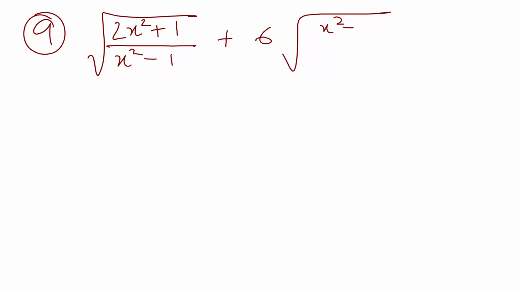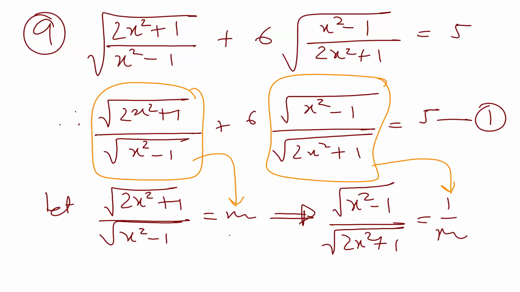So what is m? m is this root of 2x square plus 1 upon root of x square minus 1, equal to 3.